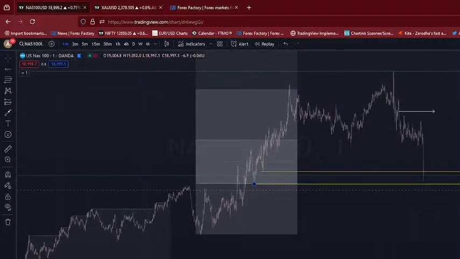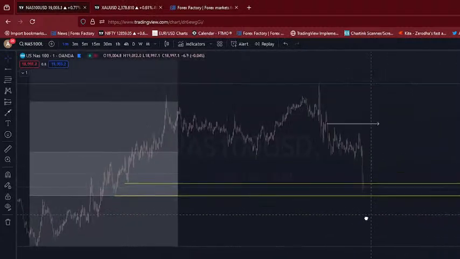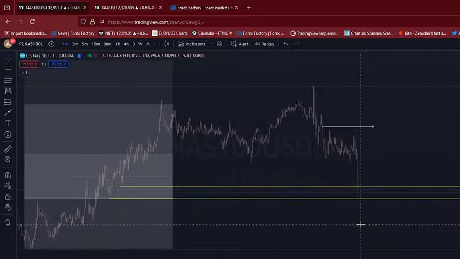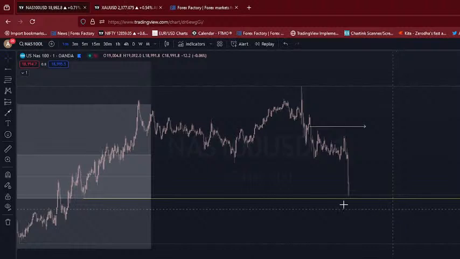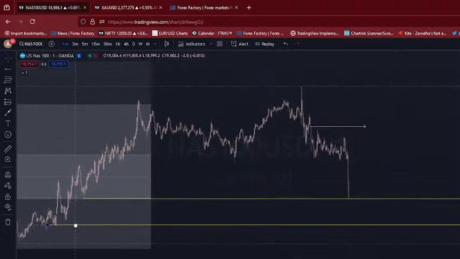Wait for the reaction, guys. Till then we can't do anything. It might go to this level also, but I think it's going to go upside.